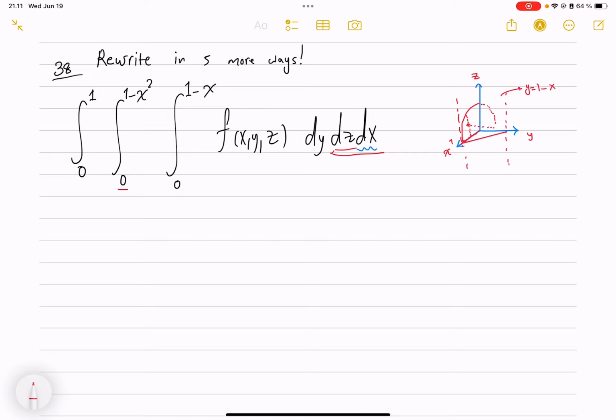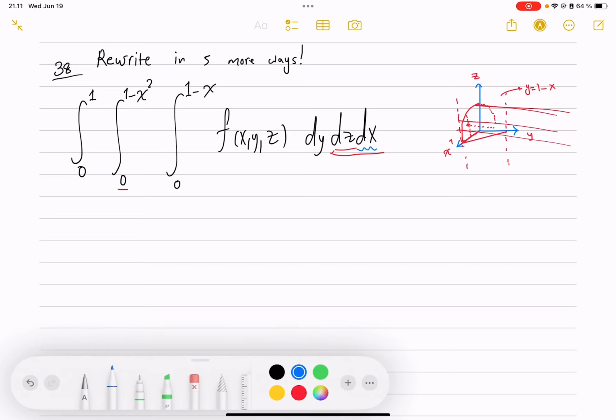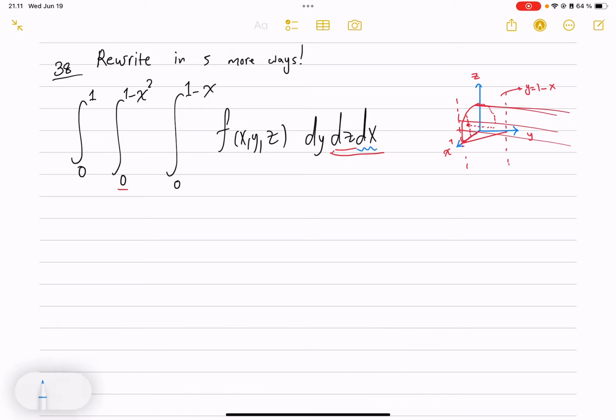So the region we're looking at is part of the cylinder. So you have this cylinder in direction of y, but you cut it off with this plane. So I know my picture is gonna get messed up, but this plane cuts a part of it, so it won't be really cylindrical in that case.